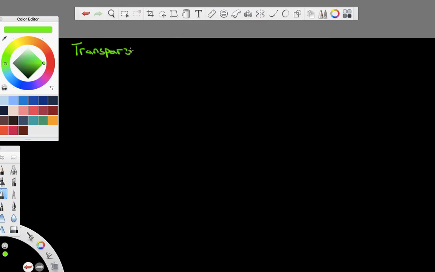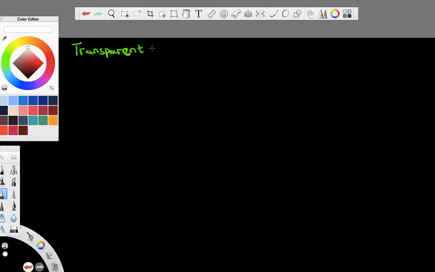Transparent. Okay? If something is transparent, it means that light can travel through it easily. It means that very little light is absorbed.